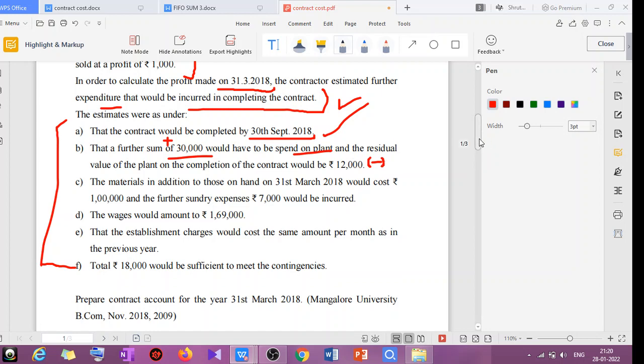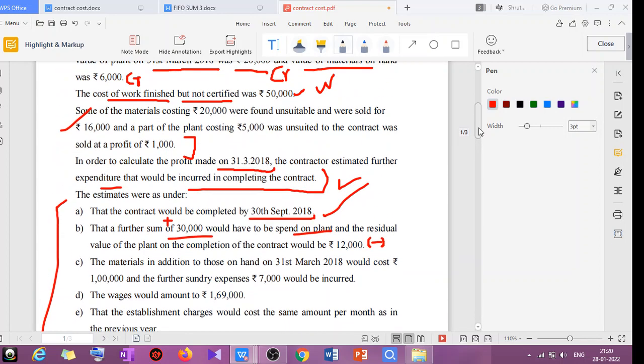See, one thing I'll tell you here. By the end of the day, that is, the end of the contract, 31st March 2018, what will remain in the contract? One is material, and one is plant that will remain. If they extend the contract, they will use the remaining material and remaining plant.